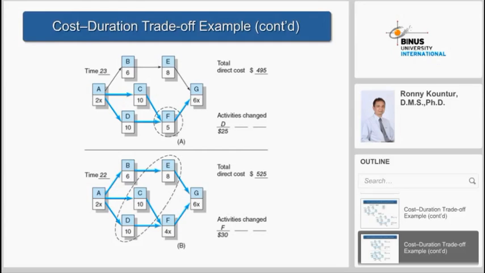Okay, next. After reducing activity D, now we reduce activity F, from 5 days reduced by 1 to equal 4.